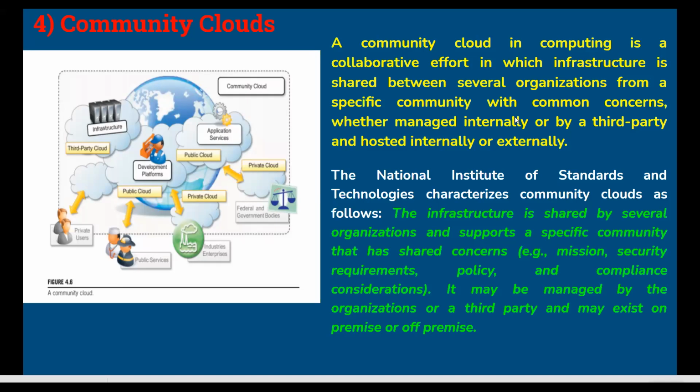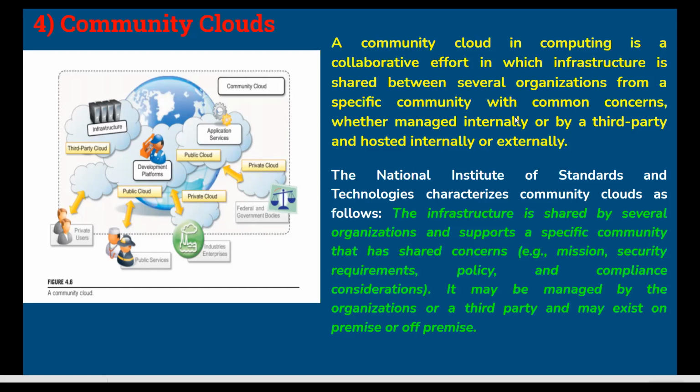When they have the same requirements, when they are working on the same platform, the deployment model is the same, everything is the same, then they're going to go with this type of cloud. The National Institute of Standards has defined community cloud as infrastructure shared by several organizations, which supports a specific community that has shared concerns, which can be in terms of security requirements, policy and compliance considerations, that can be managed by the organization or a third party, and may exist on premises or off premises. That is your community cloud.